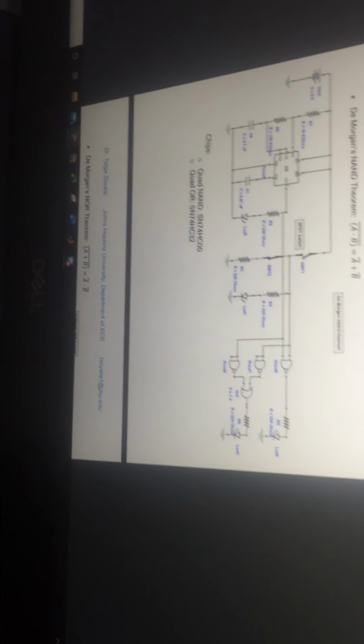When NAND 2 is 1, this OR gate will make this LED light up. But it also won't fluctuate with the timer because you're inverting NAND 2. So this is represented by this timer.